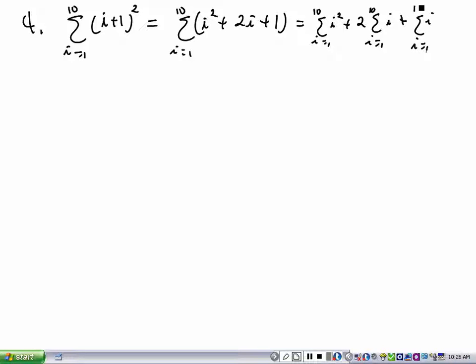Now we have formulas for the summation of i and the summation of i squared. You recall that the summation as i goes from 1 to n of i is equal to n times n plus 1 divided by 2.